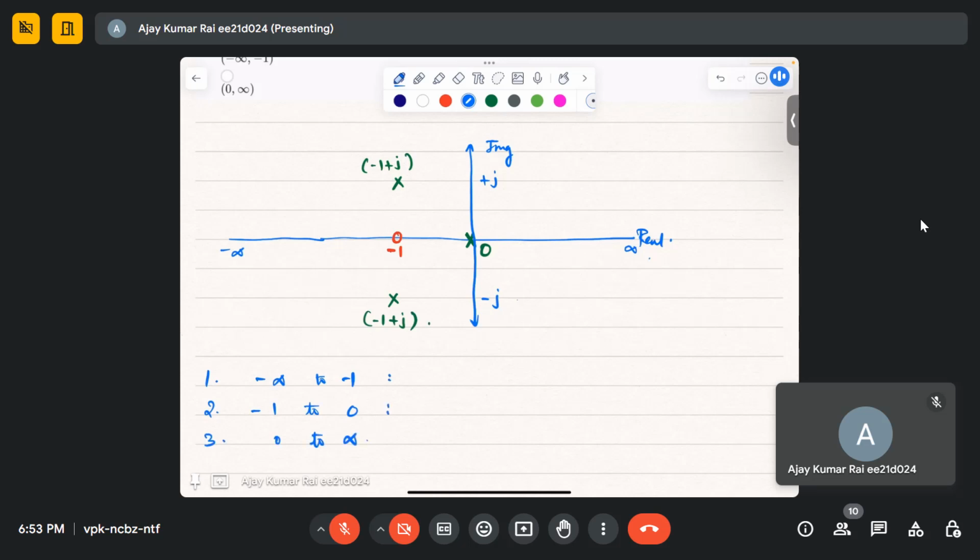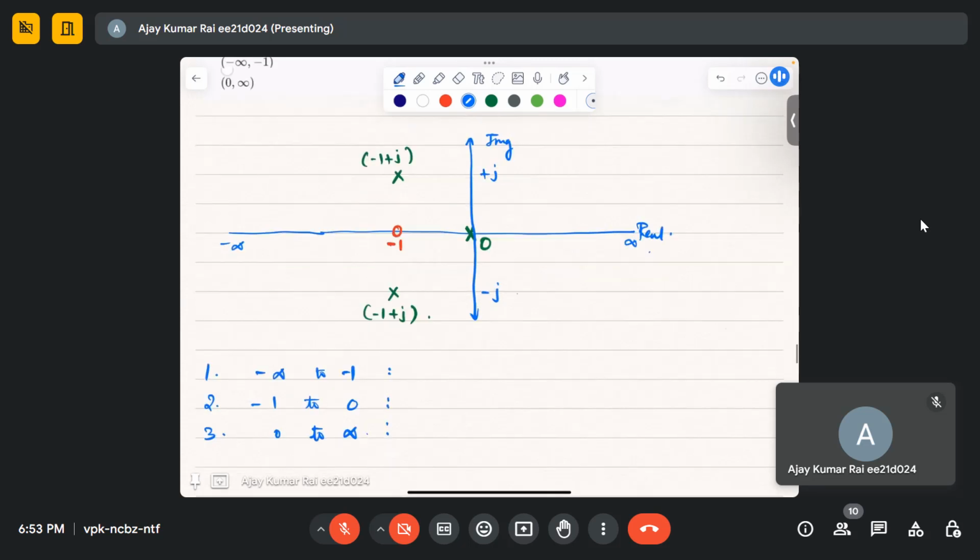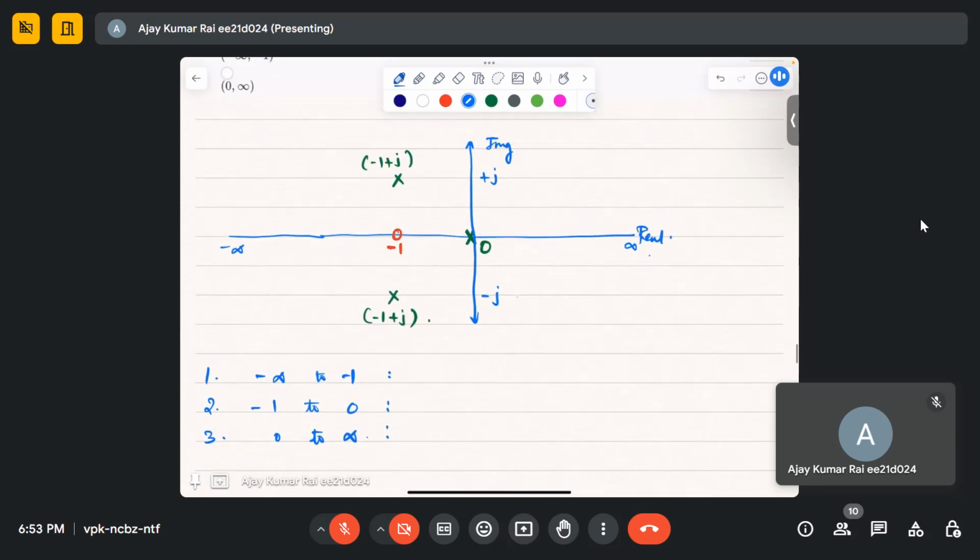If you take a test point in the first region, from -infinity to -1, and look to the right-hand side, how many open loop poles and zeros are there? There are a total of two, at -1 and 0.